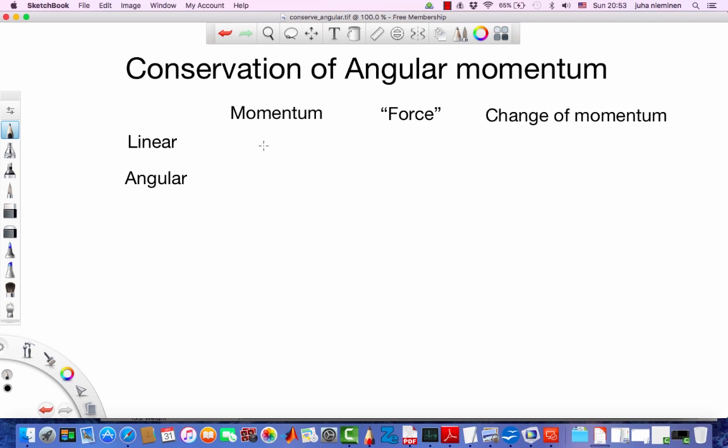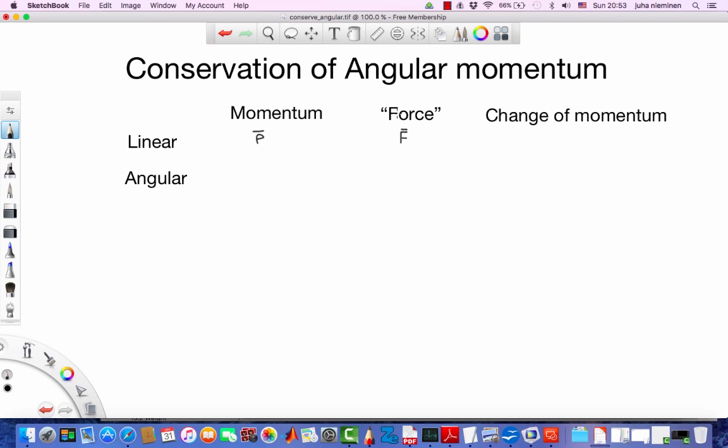So we know that in linear motion we have momentum p, and it's a vector quantity. And if we want to change the velocity or momentum of a particle, we know that we need a force F, like this.